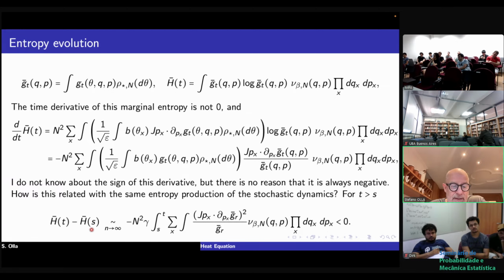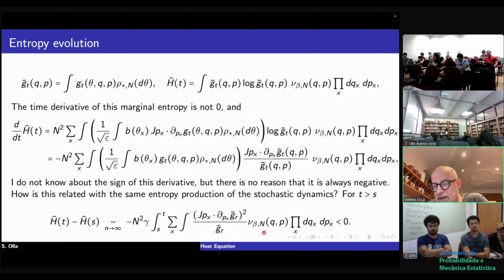So there is a decrease of the relative entropy with respect to equilibrium, like you always have for Markov processes, and one should wonder whether in the scaling limit, the marginal entropy production of the deterministic dynamics should be somehow close to it.